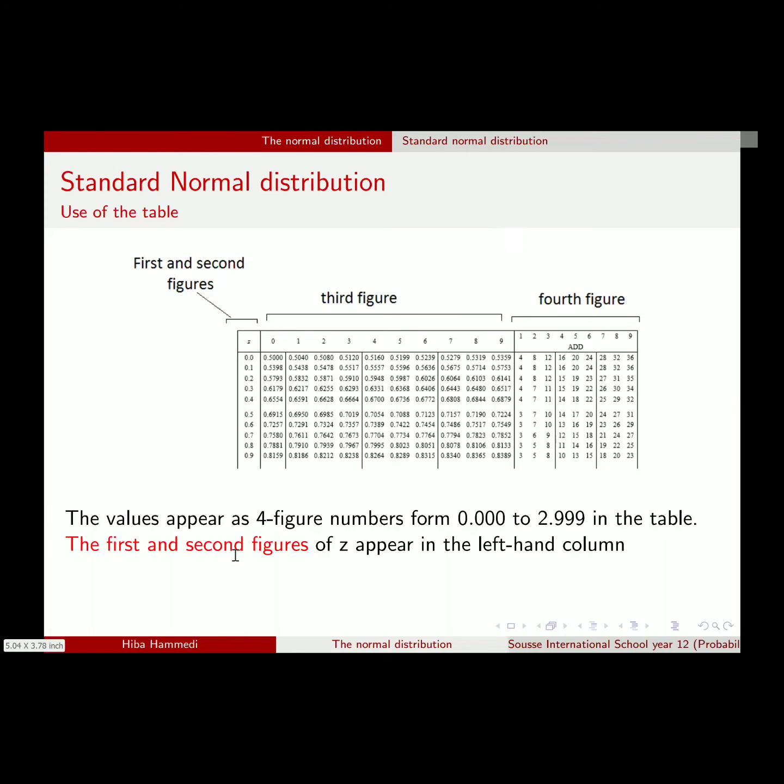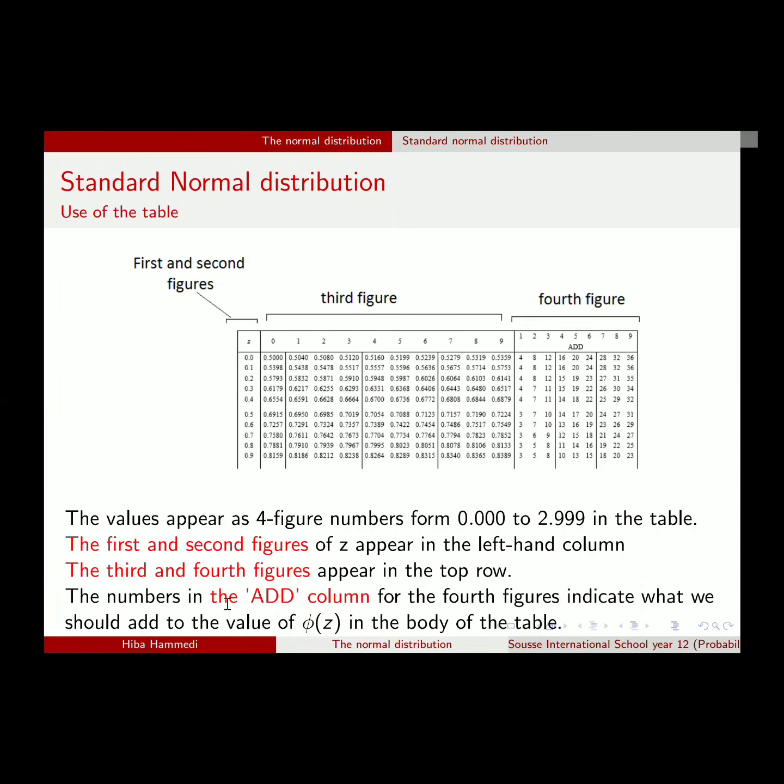The first and second figures of z are represented in the left-hand column. The third and the fourth figures appear on the top row. So this is for the third figure and this is for the fourth figure.